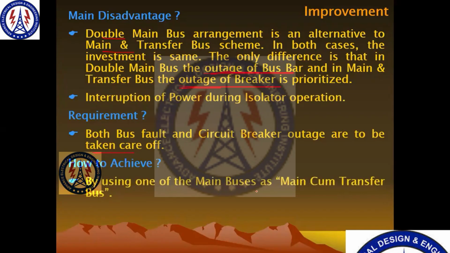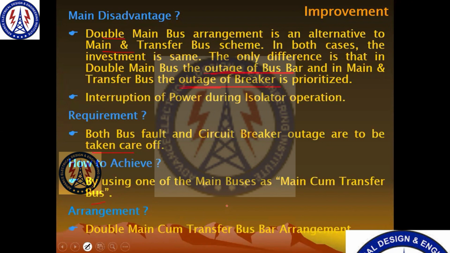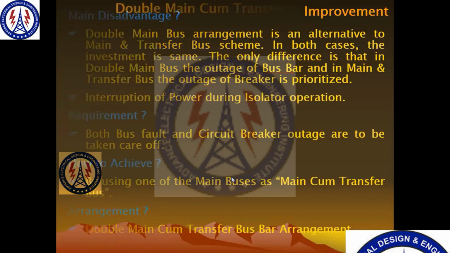By using one of the main buses as a main cum transfer bus, we have another alternative, the double main cum transfer bus bar arrangement, which is a combination of the double main and main and transfer bus bar schemes. With this, we can achieve both. Suppose you have a fault on the bus and on a line feeder at the same time.